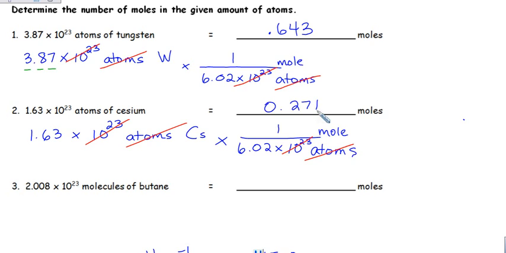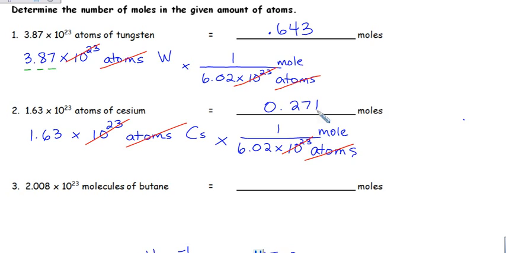I went 1.63 divided by 6.02. Piece of cake. And again, this kind of makes sense. It should be a little bit less than a third. A third of a mole would be 2 times 10 to the 23rd. I have a little bit less. Oh yeah, I have a little bit less than a third of a mole. My number is reasonable.